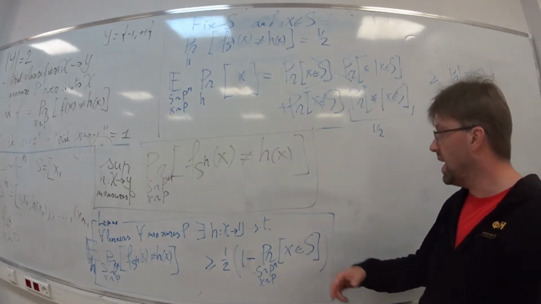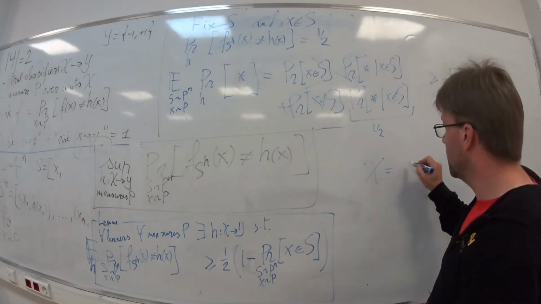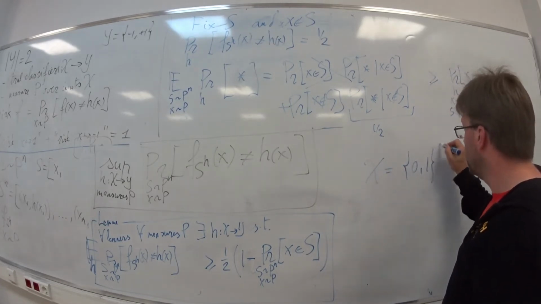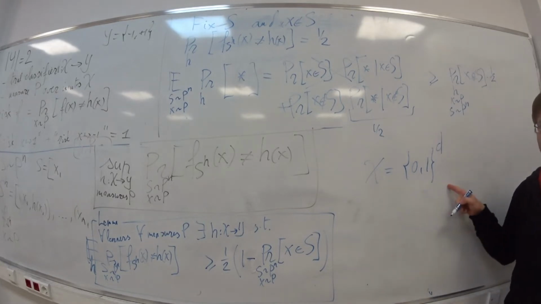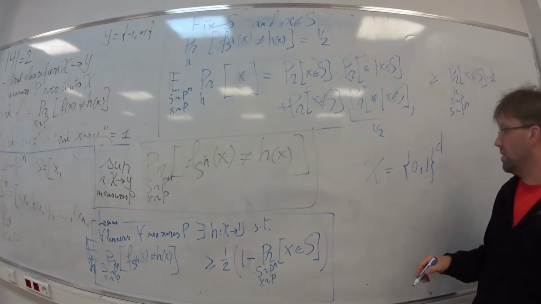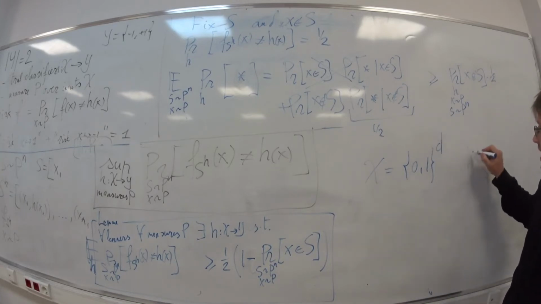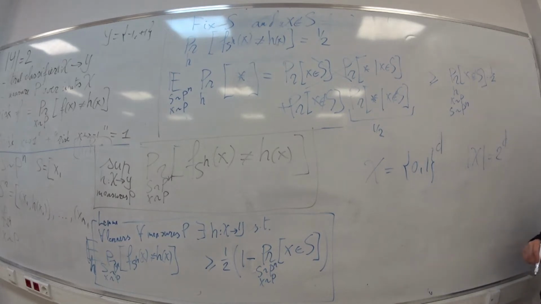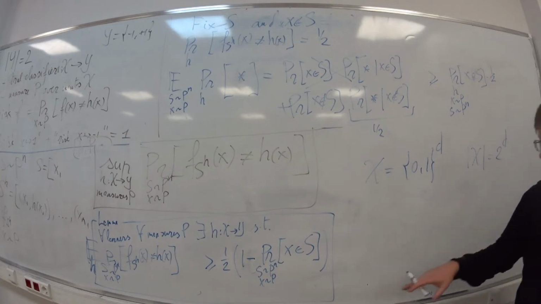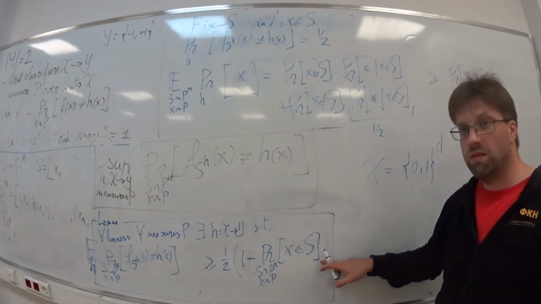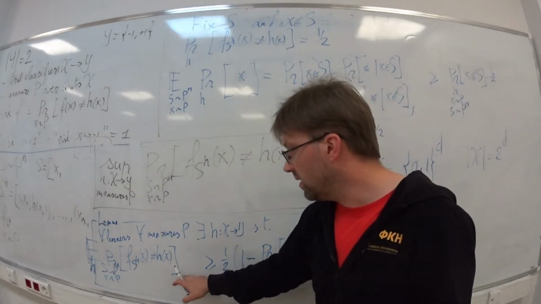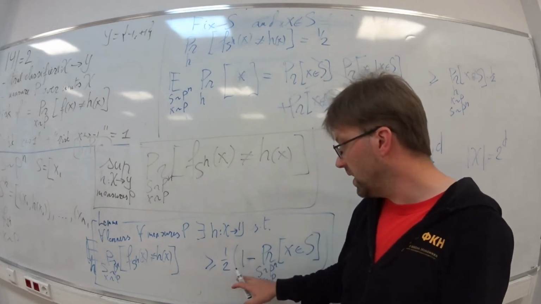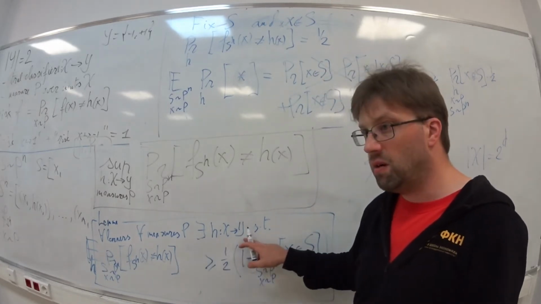But typically our input space, for example bit strings of length d, has a size of X that is exponentially large. That means if the distribution is sufficiently smooth, this will be exponentially small. And so we will get that our performance is close to random guessing on some bad H.